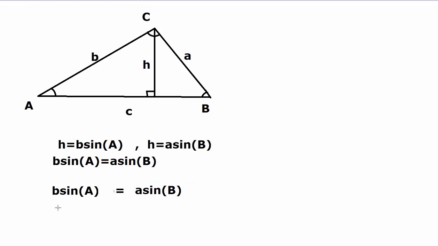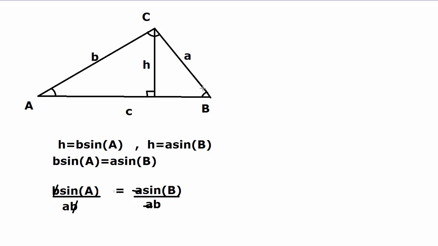We are going to divide both these quantities by ab. Now what will happen on this side? These b's cancel out, and then here the a's cancel out. So what we have is that sine A over a is sine B over b, and you can just go ahead and extend it to sine B over b equals sine C over c.